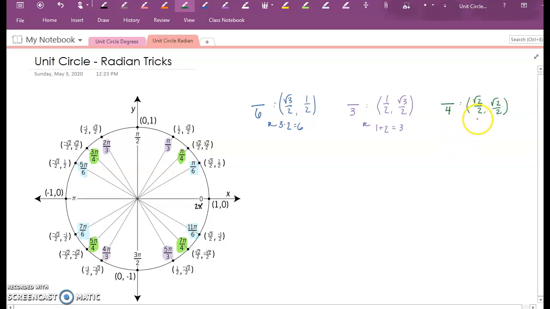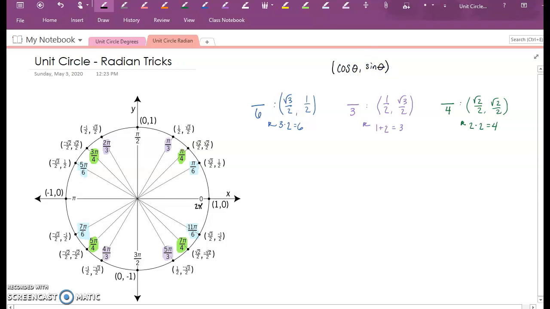We can remember that root 2 over 2 goes first and second because 2 times 2 equals 4, and that gets me my denominator of 4. So those are the denominators associated with the values in parentheses. So each cosine and sine value, if you don't remember. So those are my ordered pairs.